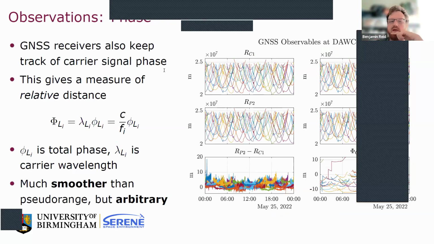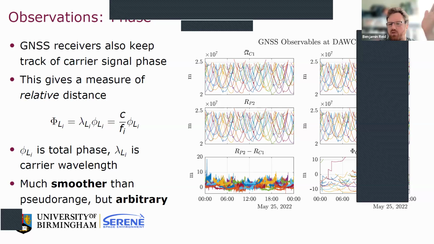Phase is another thing that we can keep track of. So we have this carrier signal and we can keep track of how many cycles we've seen essentially. And it gives a measure of relative distance, right? So you can see here, on the left-hand column, these are pseudo range. This is the ranging code, right?